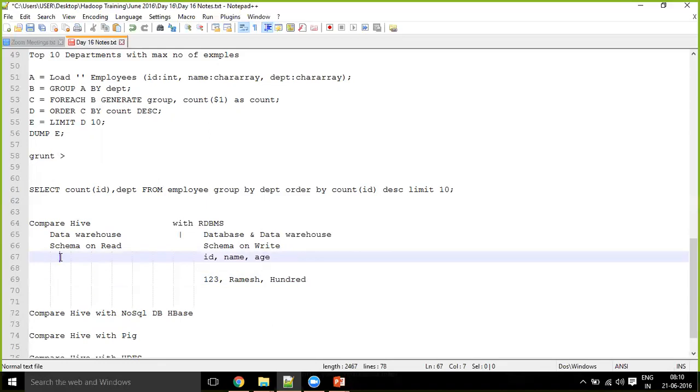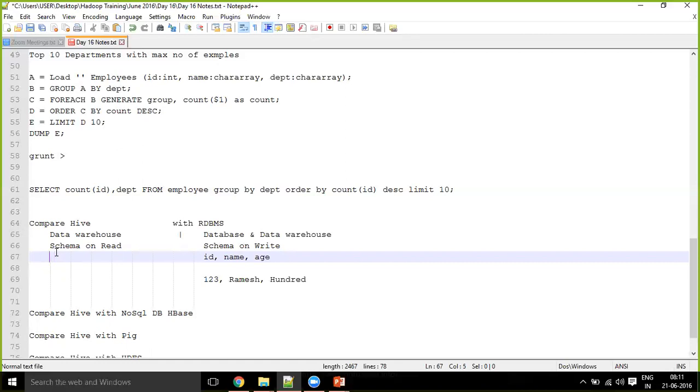Whereas your Hive, while inserting that record, will not throw any error message. It will simply accept that. Here in Oracle, it will not at all accept that record. But in Hive, it accepts that record, but while reading it, that age column will display as null.